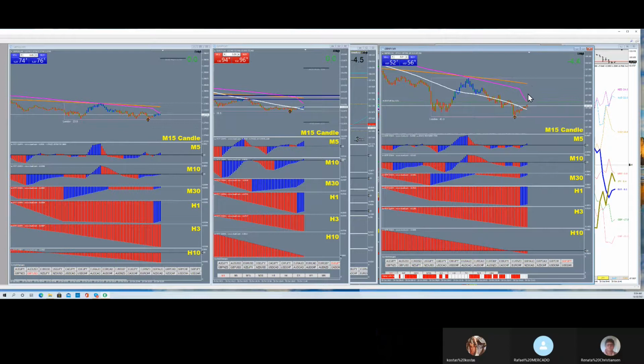So this is going to be a counter trend trade. Right. So take some profit and get out.